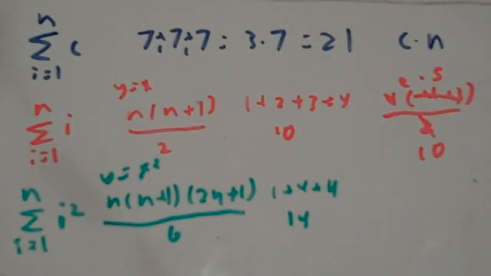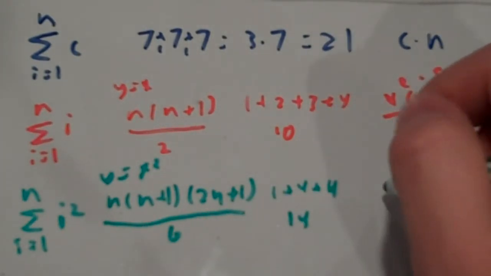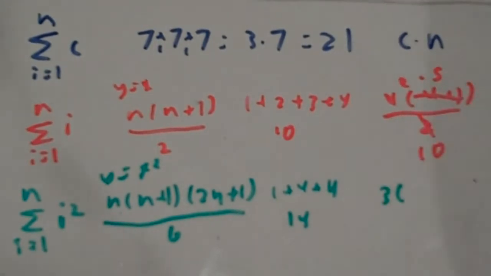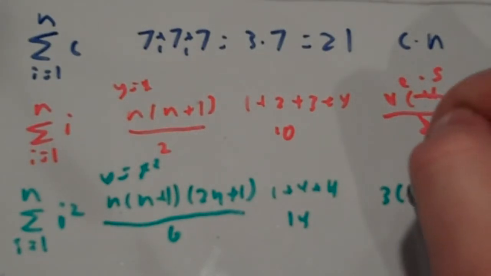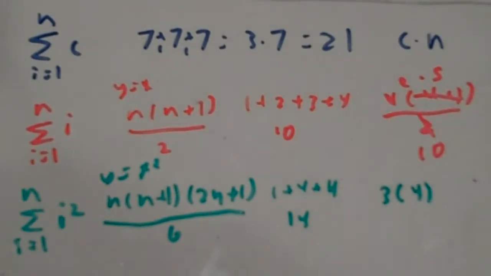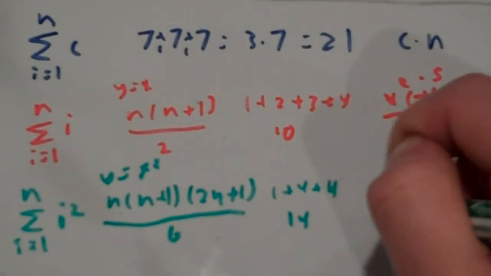Now, if we were to use our summation formula, we're doing the first to the third term, so we'd have 3 times 3 plus 1, which I'm going to go ahead and get out of the way right now. 3 plus 1 is 4, times 2 times 3 plus 1, and 2 times 3 is 6, plus 1 is 7, so I'm going to get that out of the way as well.